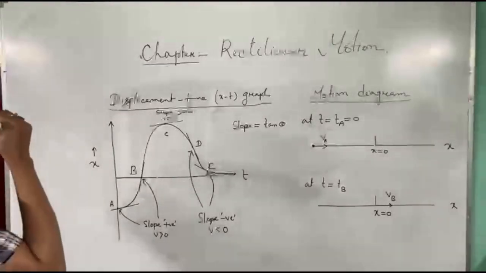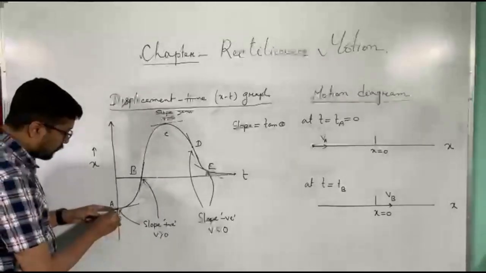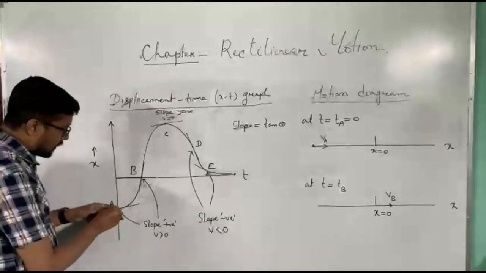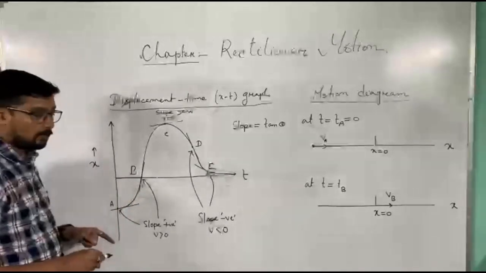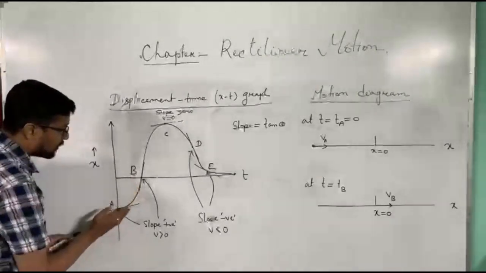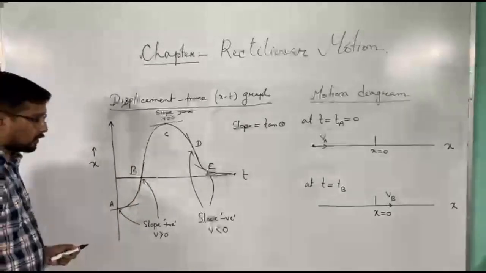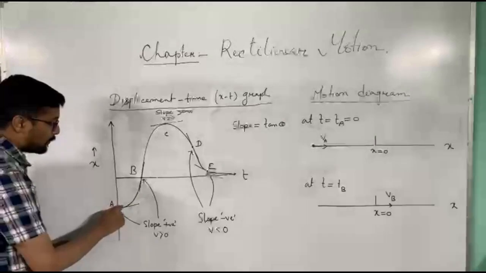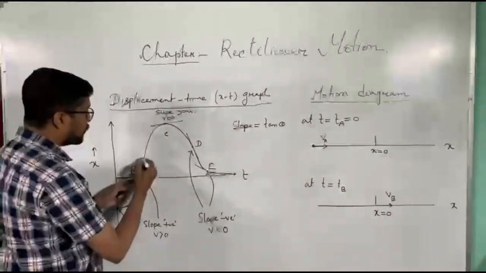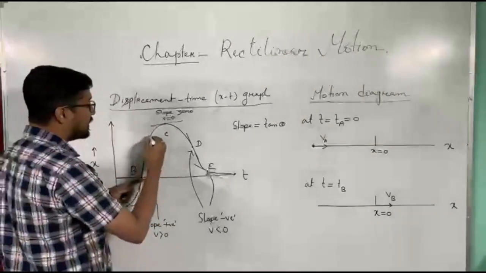Now you see, during its motion, when it reaches B from A, the speed is increased. Why is speed increased? Because from here to here, the slope of the tangent has increased. So from A to B, the speed actually is increased. Now from B to C, the speed is decreasing.